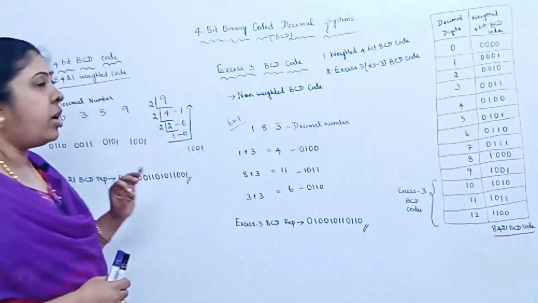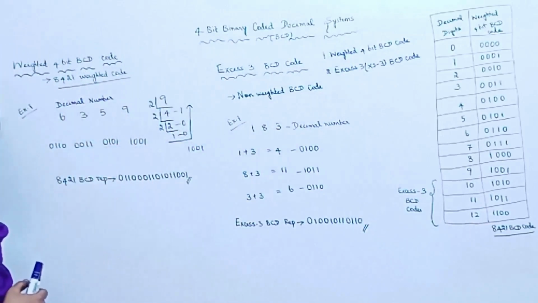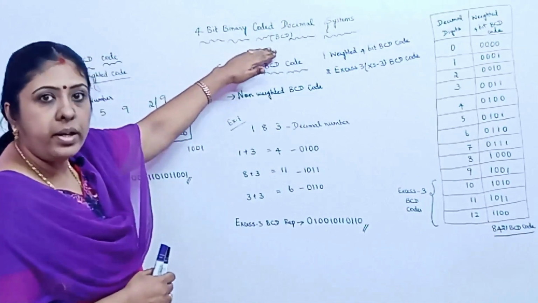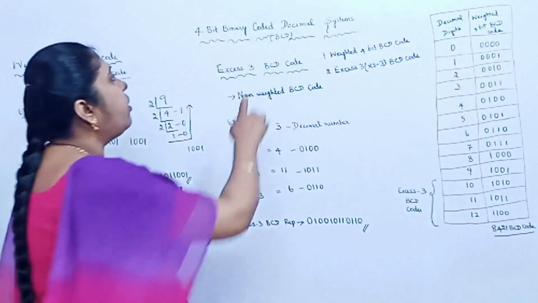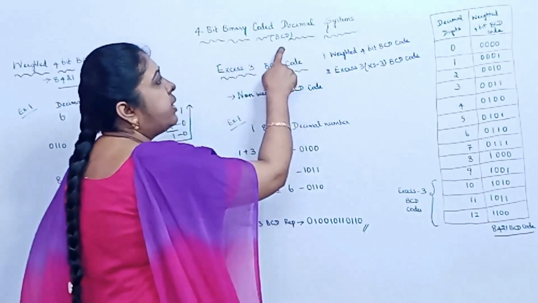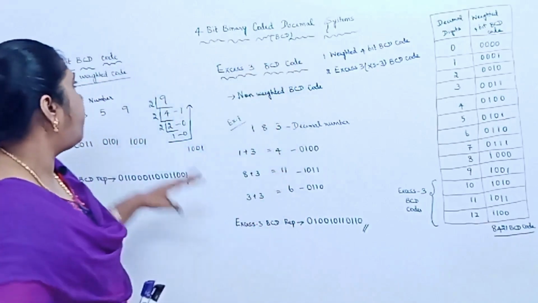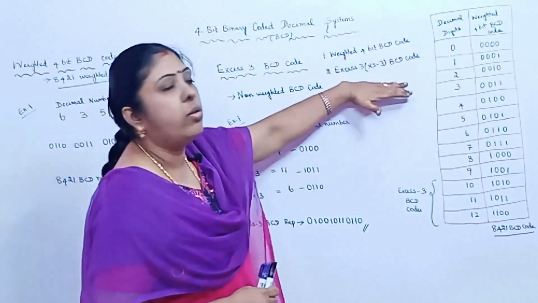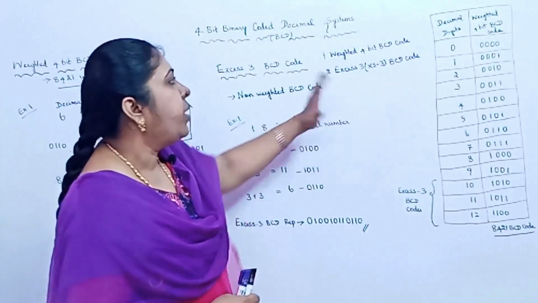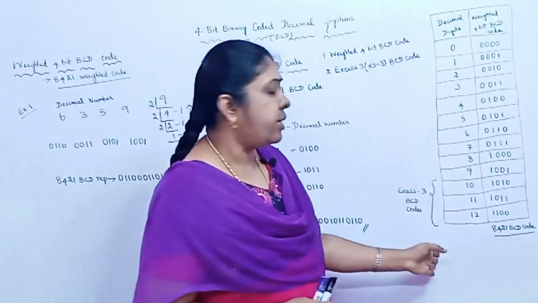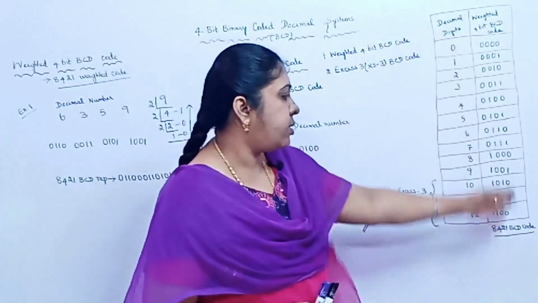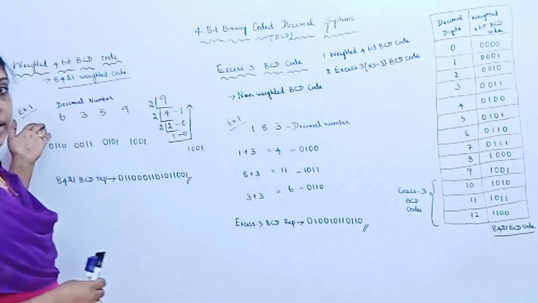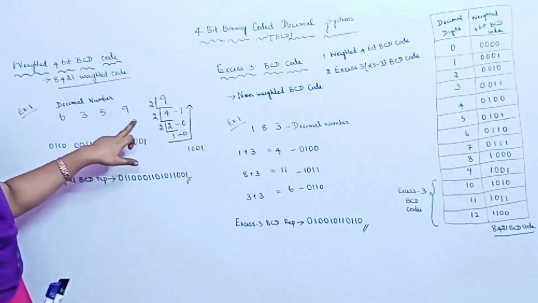Okay, a small recap. Here we discussed the 4-bit binary coded decimal system. This binary coded decimal system can be represented as BCD in short form. It consists of two popular techniques, weighted 4-bit BCD code and XS3 BCD code. And here the table is given, the concerned decimal digits and their concerned 8421 BCD code. Consider the decimal number 6359.